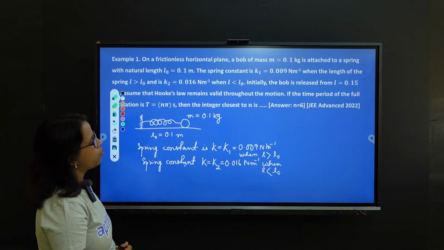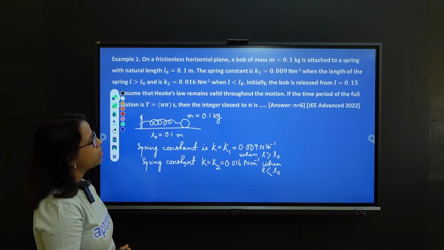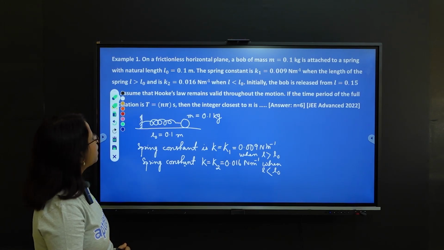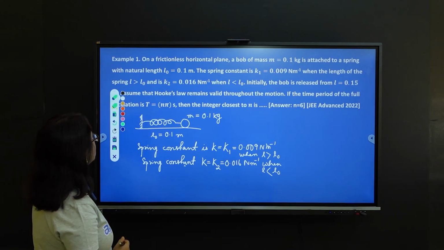Now initially the bob is released from L equals 0.15 meters. So what does this suggest?